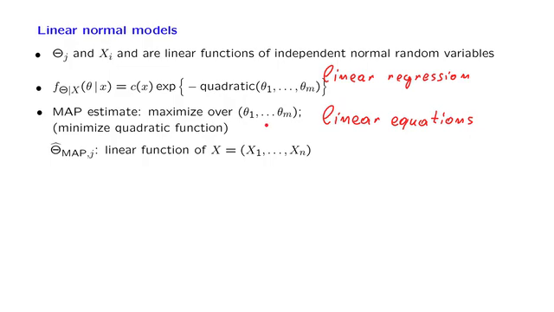There's an interesting fact that comes out of the algebra involved, namely that the MAP estimate of each one of the parameters turns out to also be a linear function of the observations. We saw this property in the estimators that we derived for simpler cases.